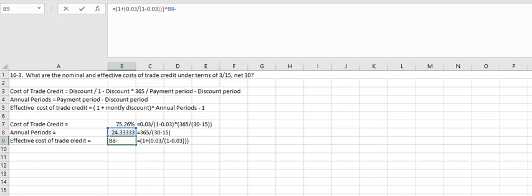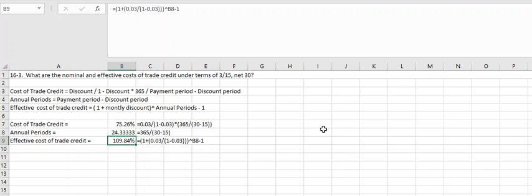And then subtract 1, to get the effective cost of the trade credit. And so what we're seeing here is that our trade credit is actually costing us, or costing the business that's extending the credit, 109.84% to extend this trade credit.